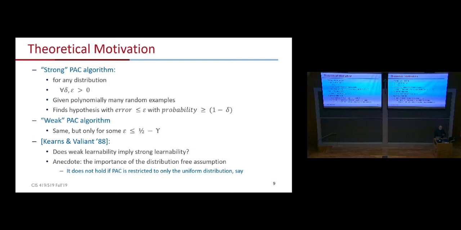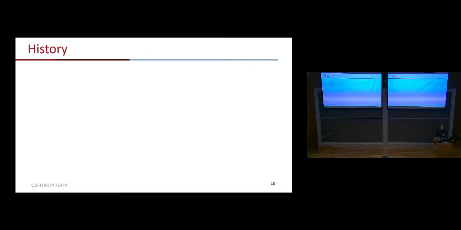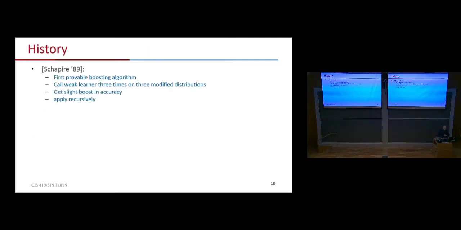So perhaps it's natural that a negative result over the uniform distribution doesn't necessarily mean a negative result in general. And indeed, the next step was Rob Schapire's PhD thesis in '89 that showed the strength of weak learnability.